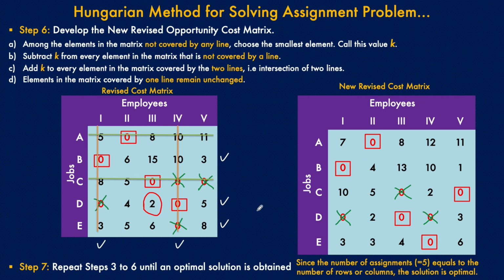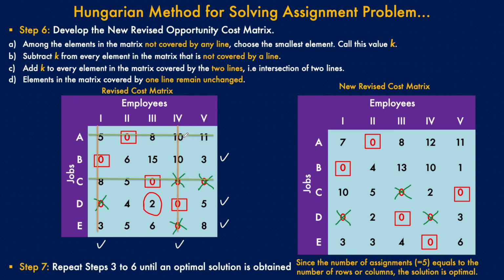The result will be shown in the next matrix. The same 2 will be added to the junctions. So this 2 will be added to this 5 to get this number 7. Same 2 will be added to this 10 because this 10 is touched by 2 lines.